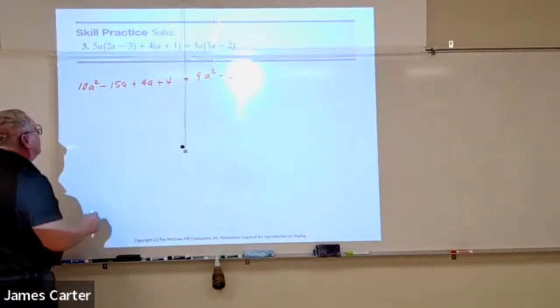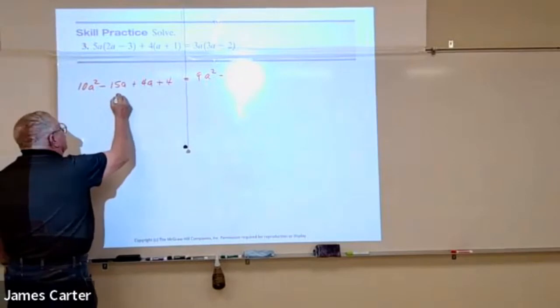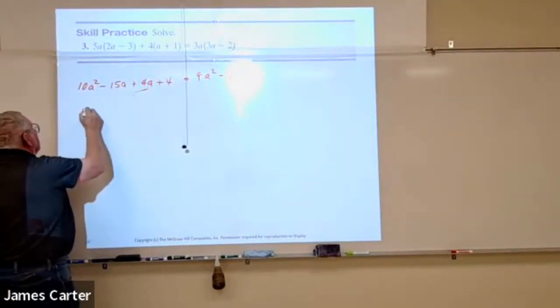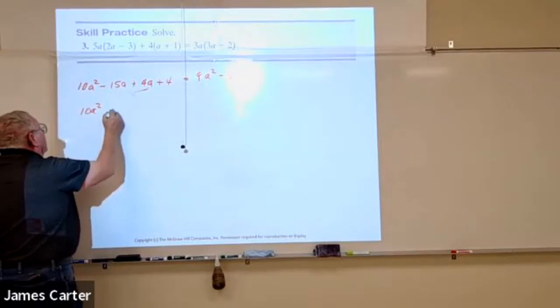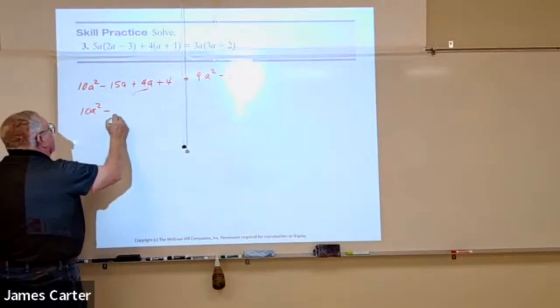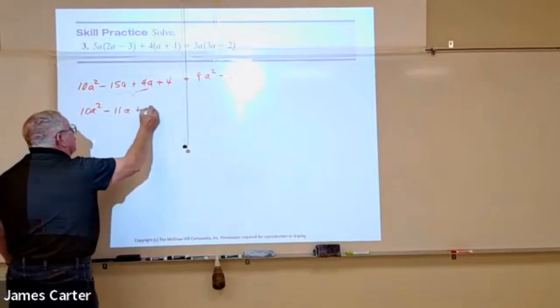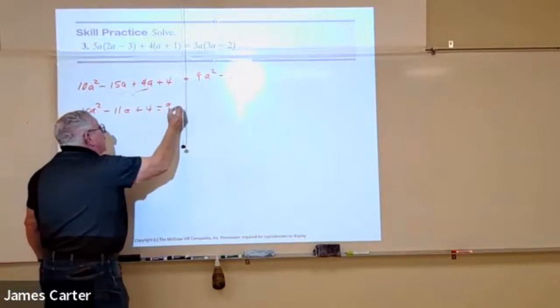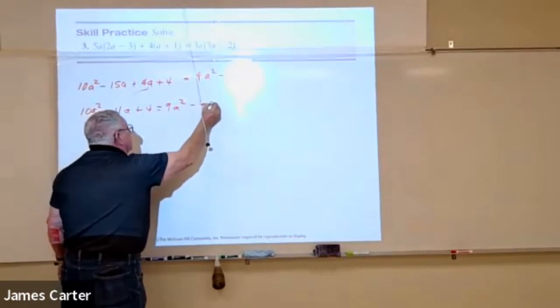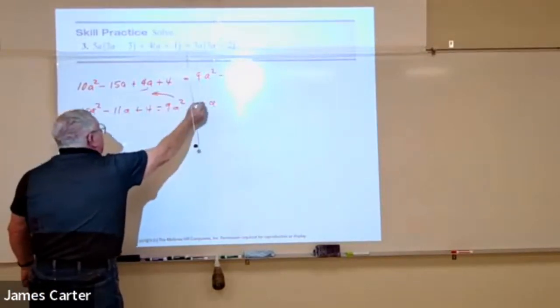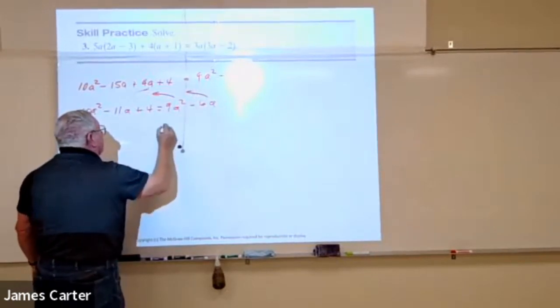Now let's combine some stuff. These two we can combine. Okay, so 10a squared minus 11a plus 4 equals 9a squared minus 6a. So I'm going to take these over and I'm going to take those over.